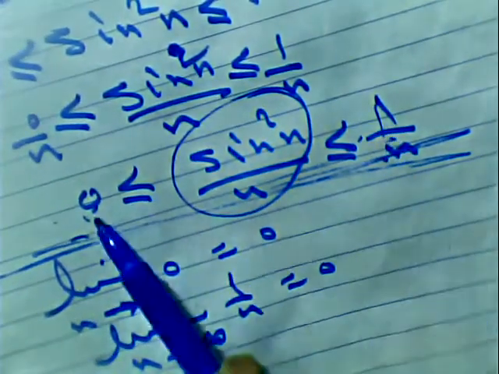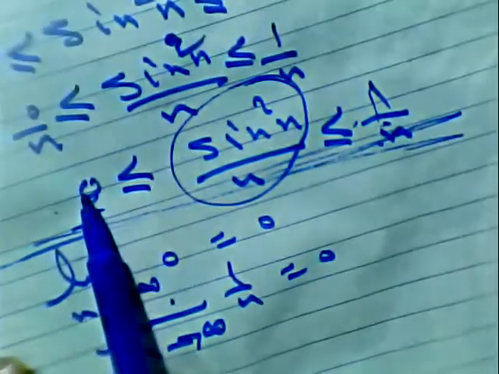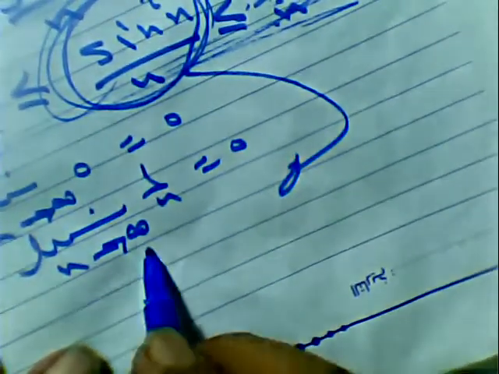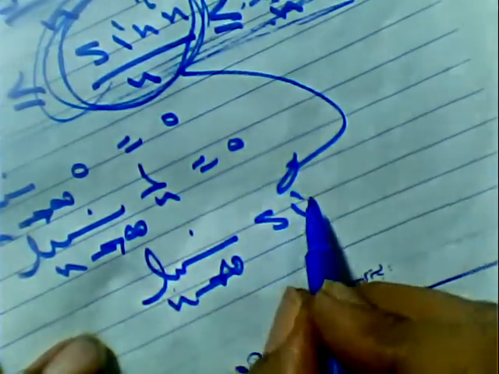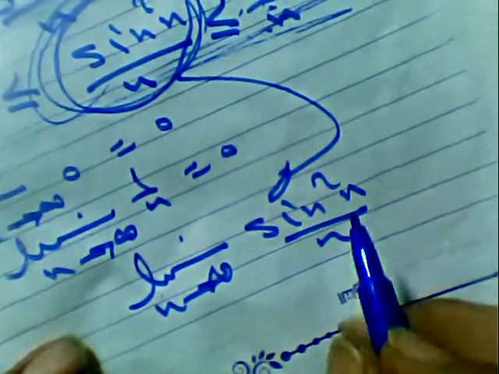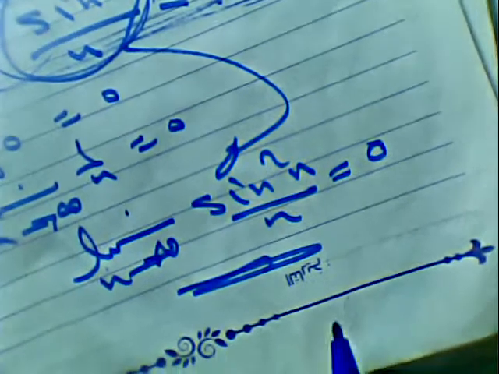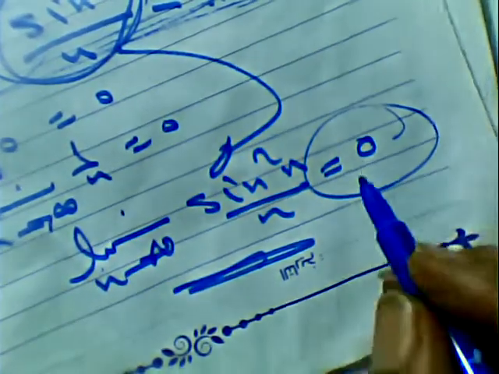Then the left and right sides have the same limit, 0 and 0, so the middle also equals 0. Then the limit as n goes to infinity of sine square n over n equals 0. Then the sequence converges to 0.